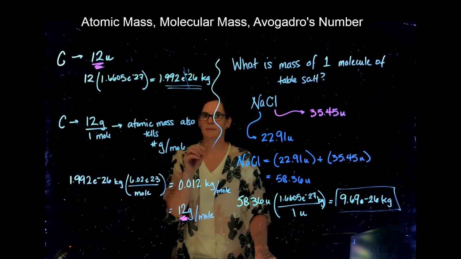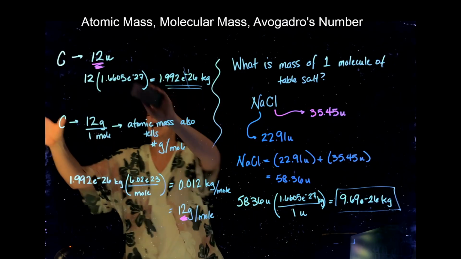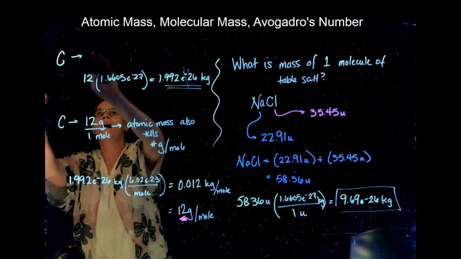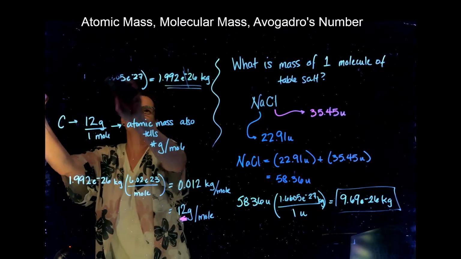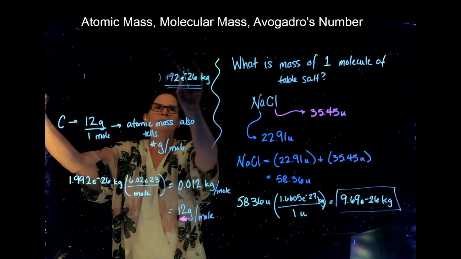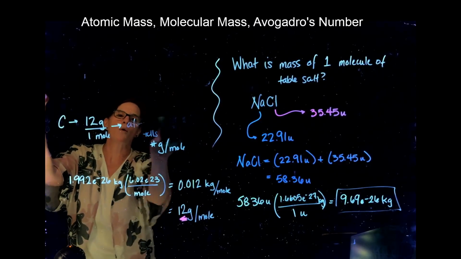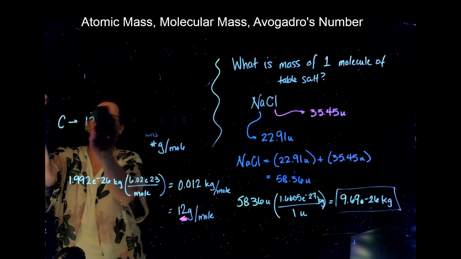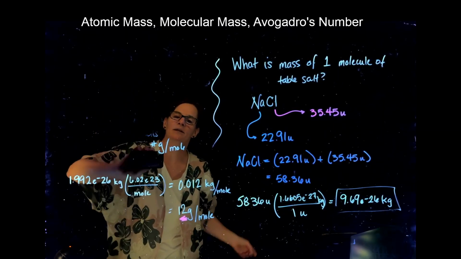Let's do this example in terms of moles, okay? So let's determine what the mass of 1 molecule of sodium chloride is, but using information that allows us to look at the moles.